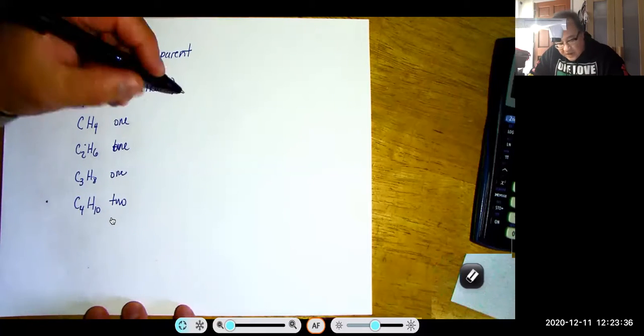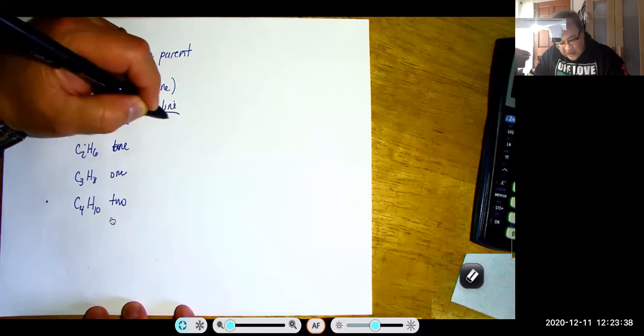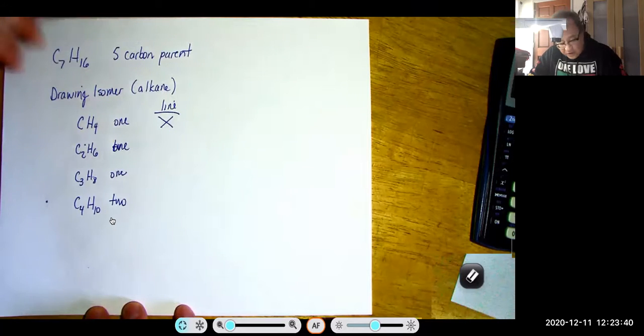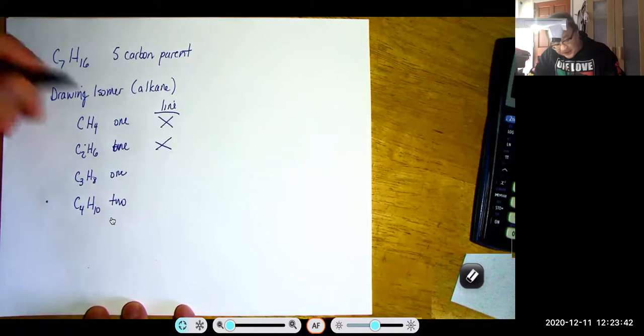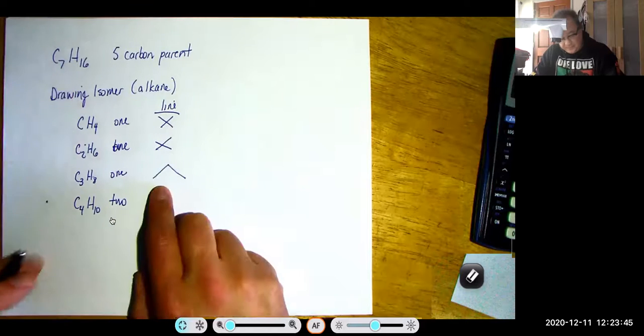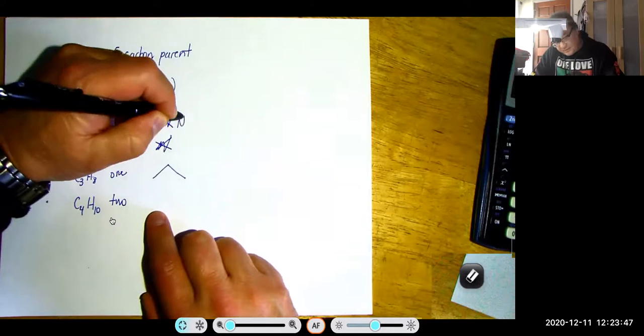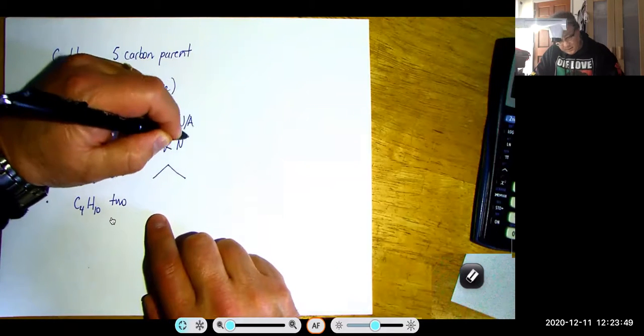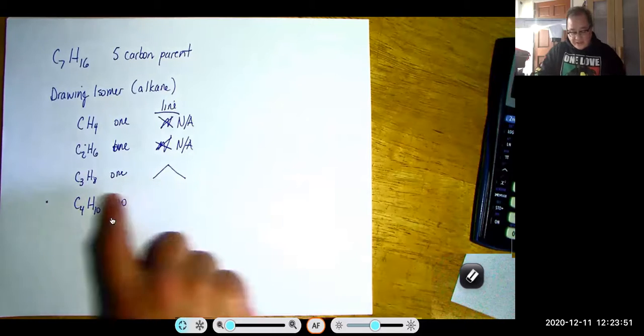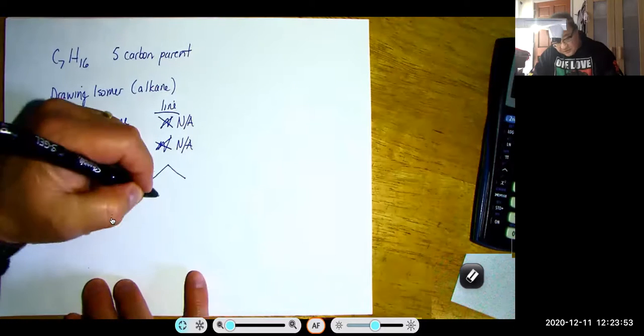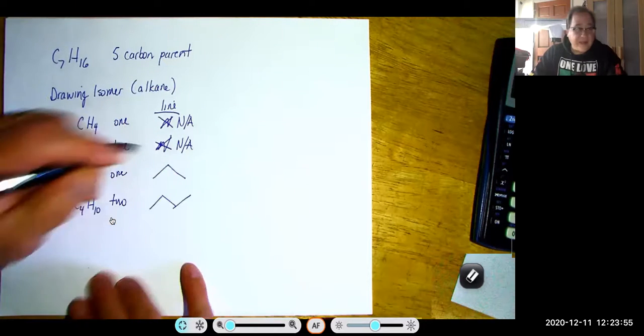So as far as the line drawing goes, there is no line drawing for CH4. There is no line drawing for CH2, but this is the line drawing for C3H8. Now for C4H10, here's one of the isomers.